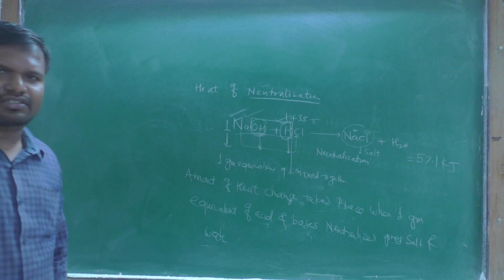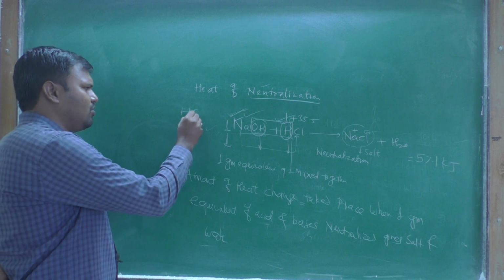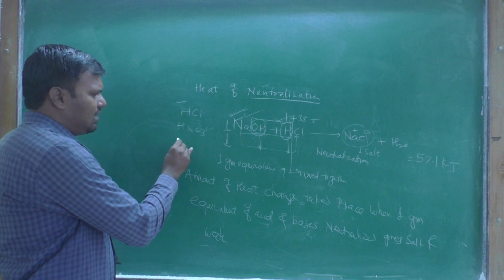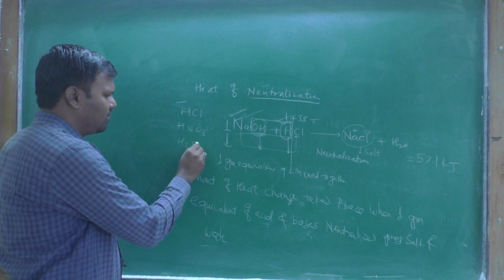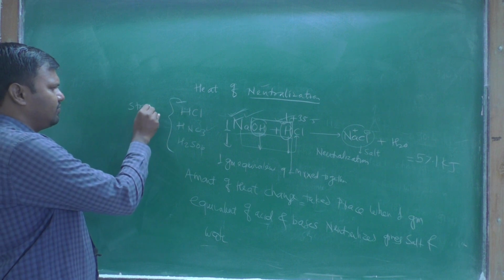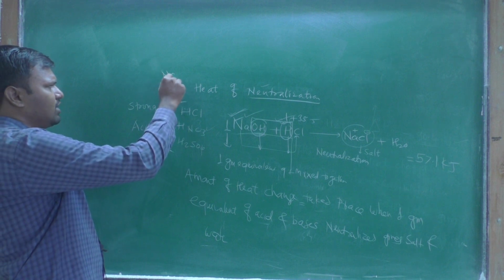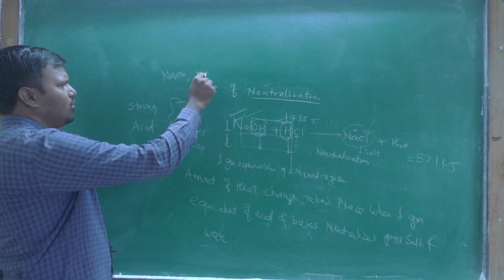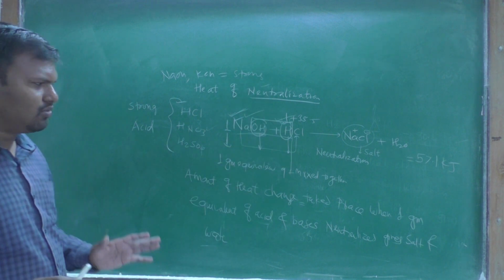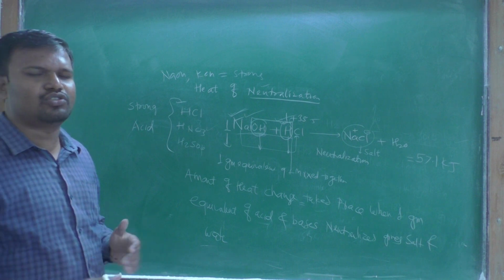For strong acids, remember these acids: in the laboratory you have known HCl, HNO3, and H2SO4. All these are strong acids. NaOH and KOH are strong bases. Strong means it dissociates completely.